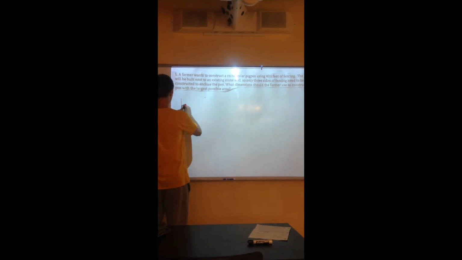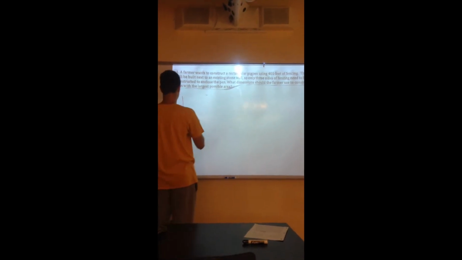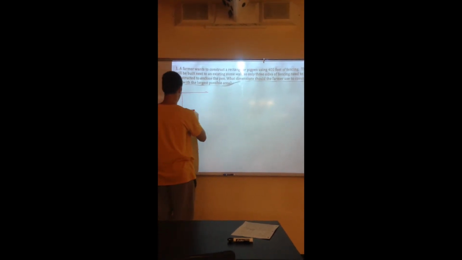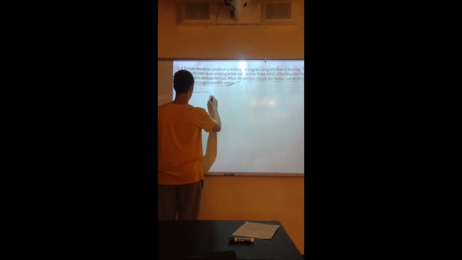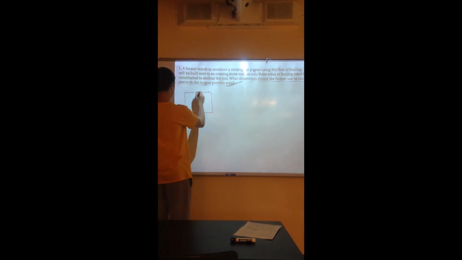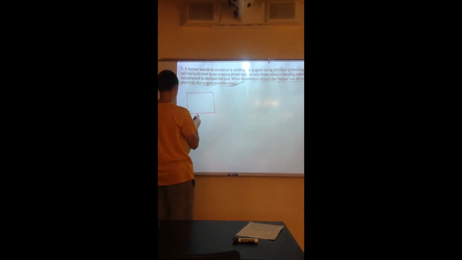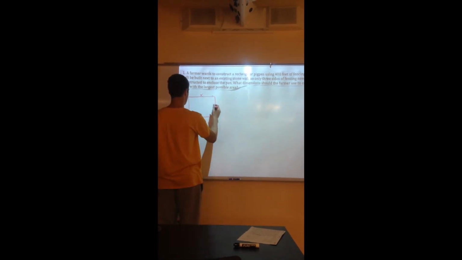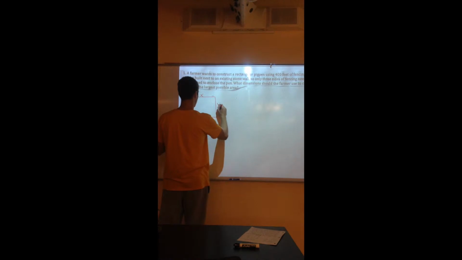Here would be the stone wall that we don't need to do anything with. And on a rectangle, these 2 sides will be equal, so we'll call these x. And this side will be different, so we'll call this one y.